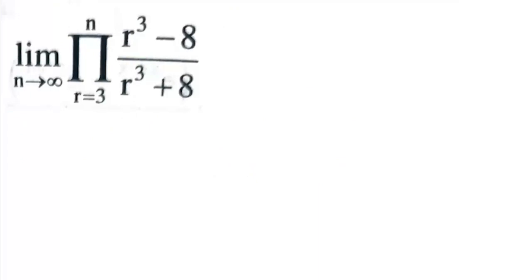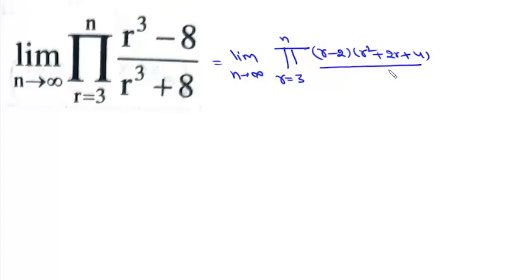Now here the question is, we need to find this limit, n tends to infinite, of r cube minus 8 upon r cube plus 8. So we write this as limit n tends to infinite, this product, r varies from 3 to n, of r minus 2, r square plus 2r plus 4, upon r plus 2, r square minus 2r plus 4.